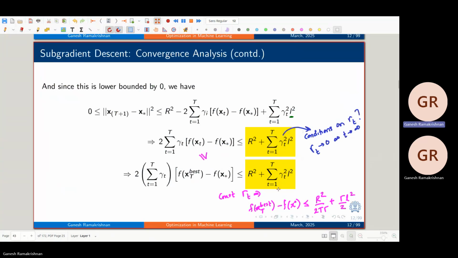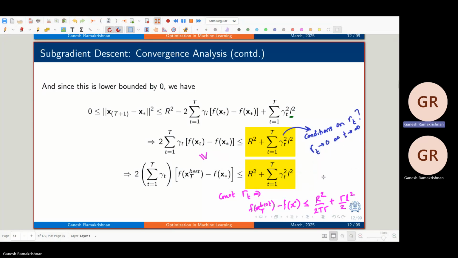So constant gamma is a disaster. As I said, constant gamma will give you this. You'll basically end up getting a t square here. So constant gamma is a problem. Now, what if I take the sum of the gammas to be divergent? The gammas go to 0. We certainly want gamma t to go to 0 as t tends to infinity.